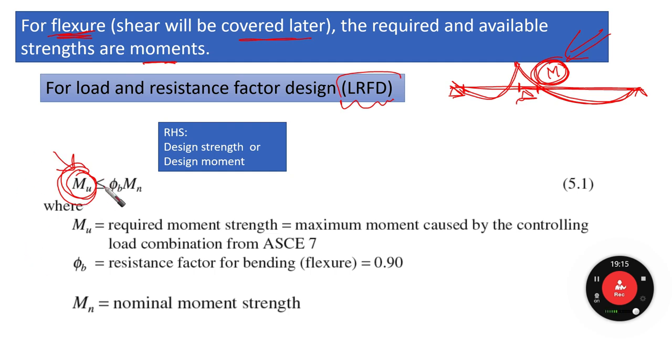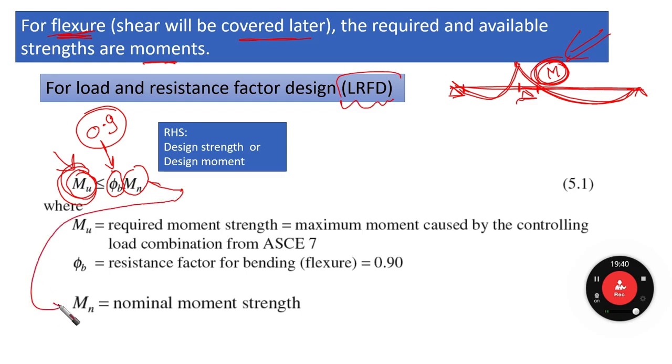It should be less than or equal to phi b, the resistance factor related to bending, or flexure. Commonly in flexure, we take it as 0.9, multiplied by Mn, which is the nominal moment strength.